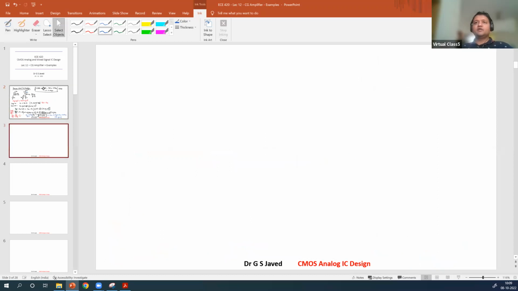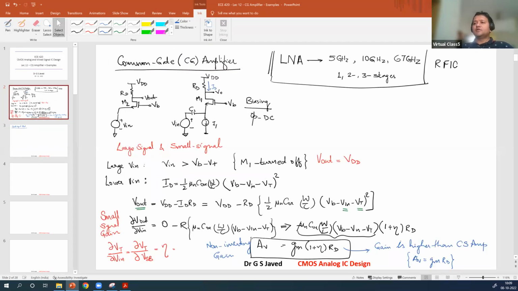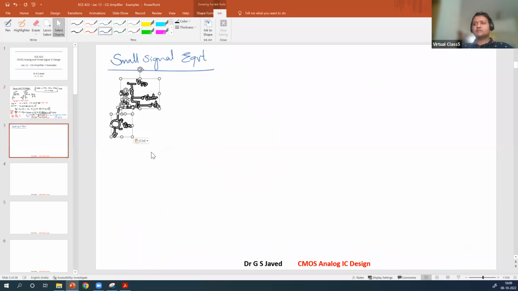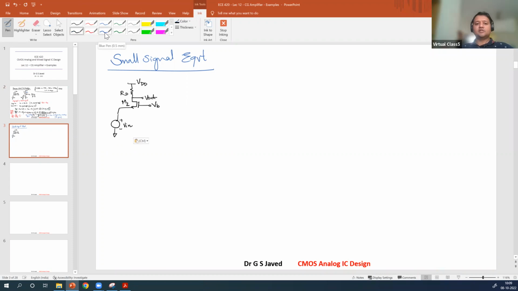Now let us draw the small signal equivalent. Just for your benefit, let us bring back the circuit in the picture. We will first remove the bias conditions that we have and then proceed.